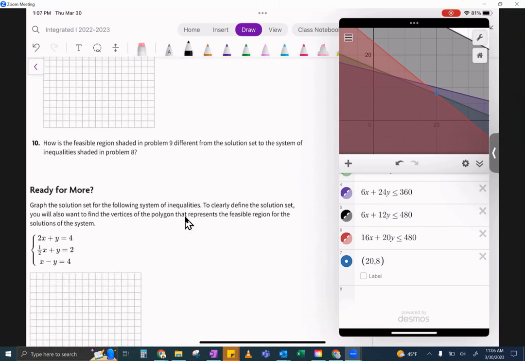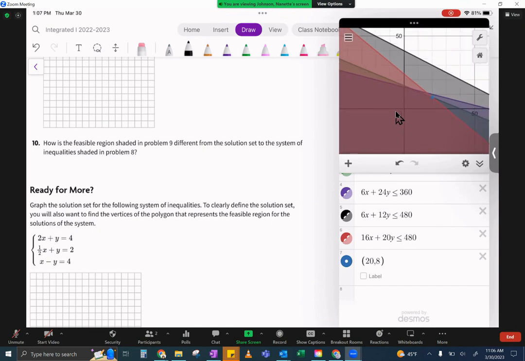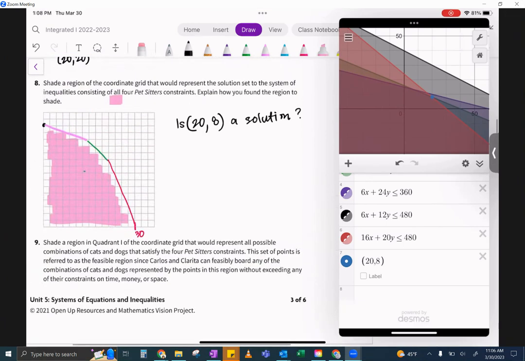Okay, last question. How is the feasible region shaded in problem 9 different from the solution set of the system of inequalities shaded in problem 8? So how is it different? How is this right here, what I have graphed here, including all this quadrant 2, quadrant 3, quadrant 4, different than what we graphed here in quadrant 1?